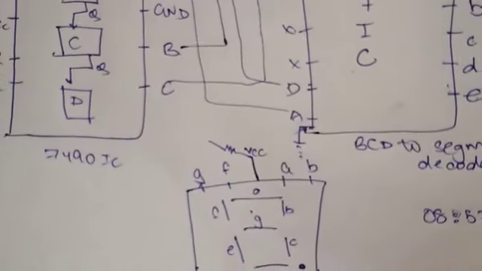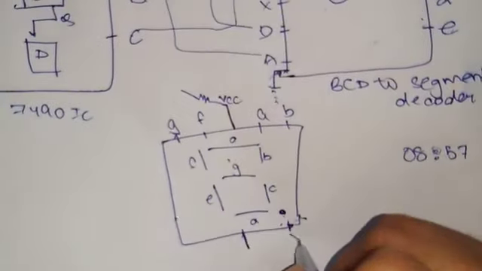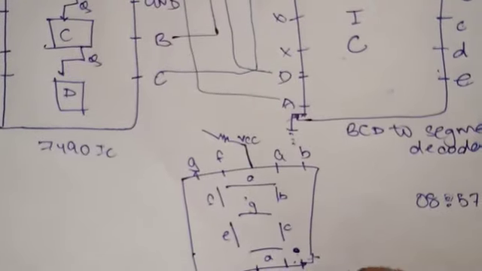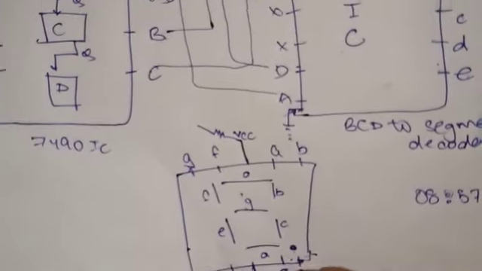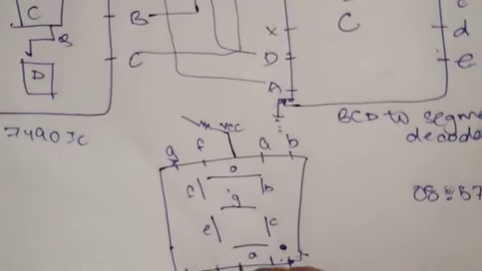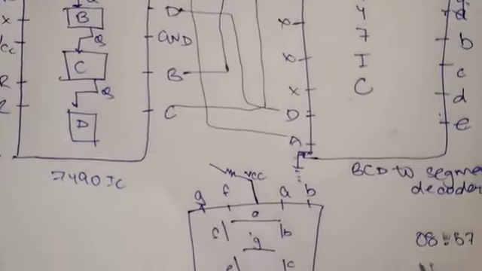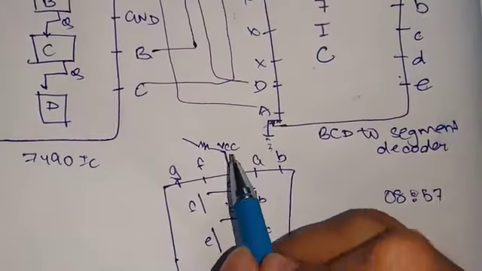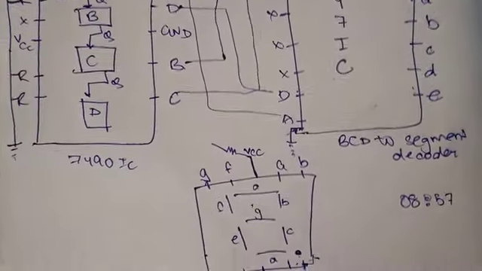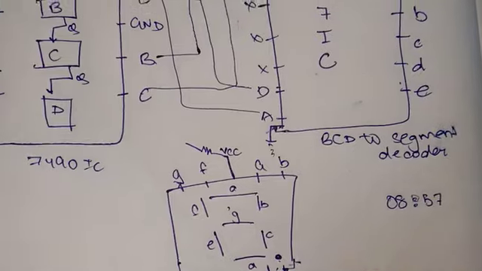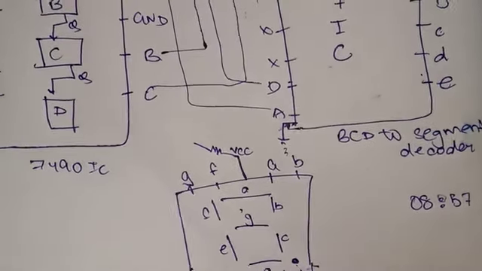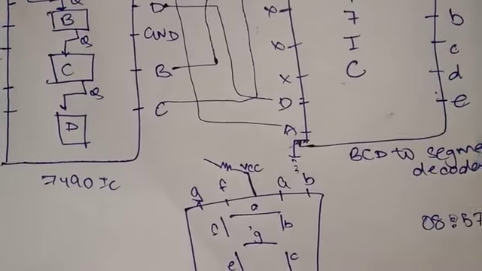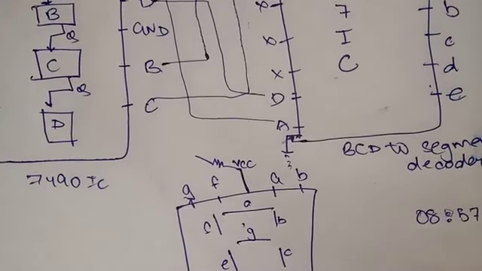But in this circuit we don't need to use this dot, so no connection. Then C, then D, E. The main thing is you have to give VCC to the upper common, and no connection here. There is no need of any connection here. You just need to remember that these two are for common.